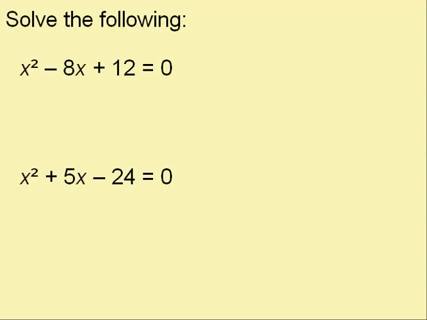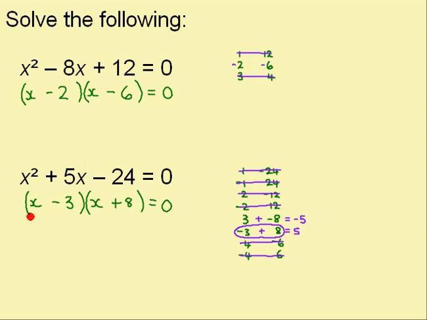So to apply what we've just looked at to these quadratic equations, the first thing we need to do is factorise them. So I've done this using my normal method. Now I know here that either x minus 2 equals 0 or x minus 6 equals 0, and I can solve these to get my two solutions to the quadratic equation.